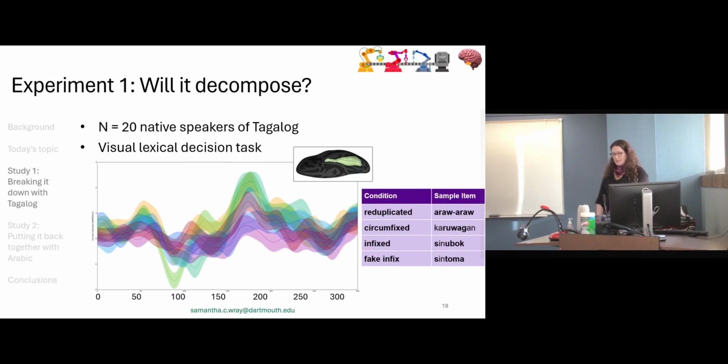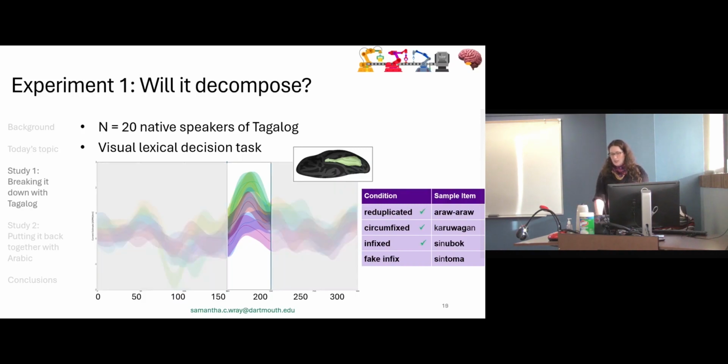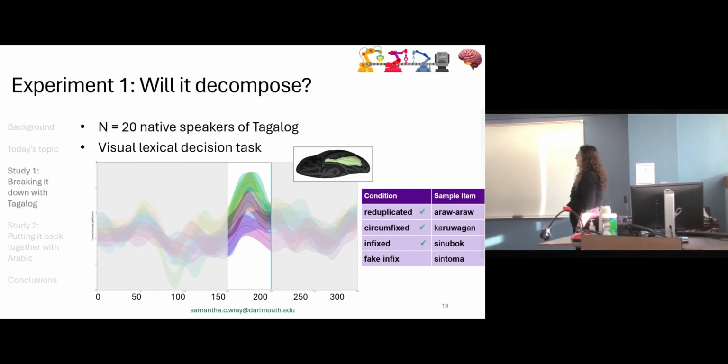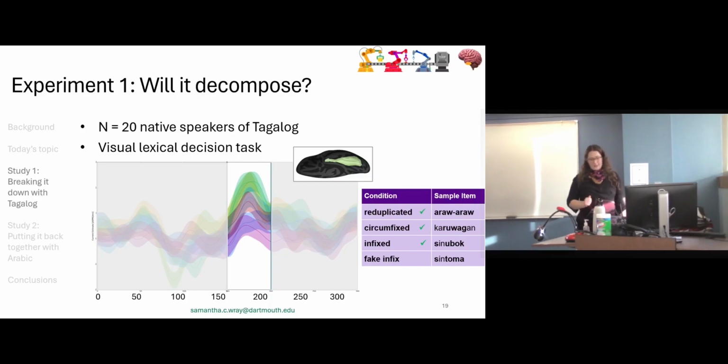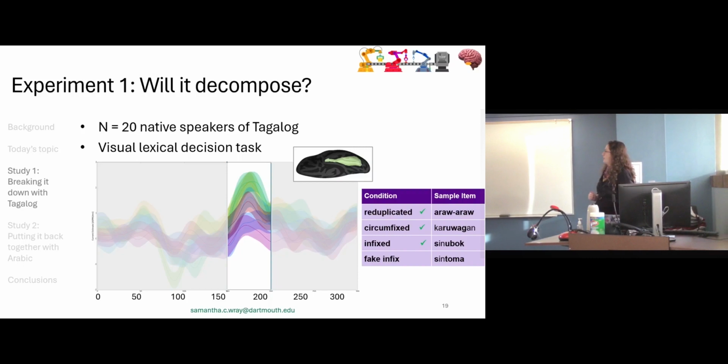So we isolated this activity here, did a lot of corpus analysis to see the relationship between stems and words, what the frequencies of these were, and tried to see if there was a correlation. What we found is that indeed there was a correlation for reduplicated words. Yes, decomposed into two stems. No affixes necessary for decomposition.